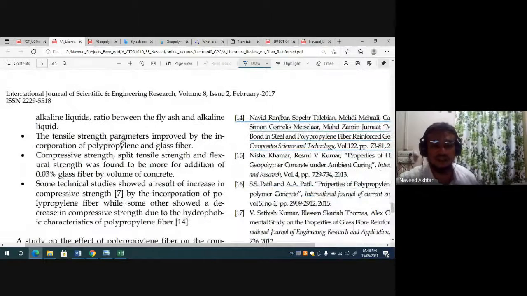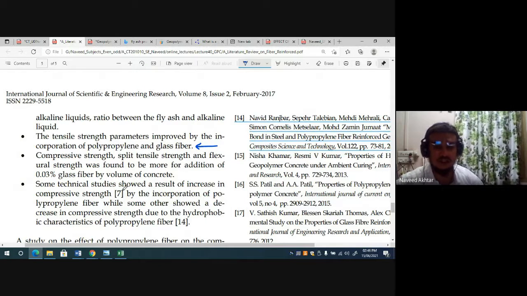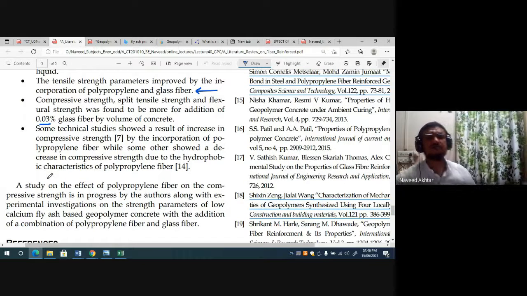The tensile strength improved with the incorporation of polypropylene and glass fibers. Also, the compressive strength, split tensile strength, and flexural strength were found to be higher with the addition of 0.03% glass fiber by volume of concrete.